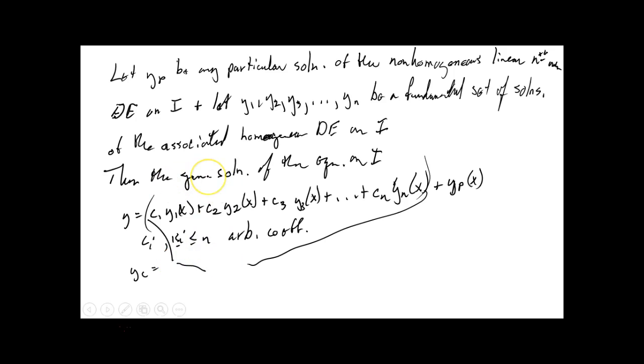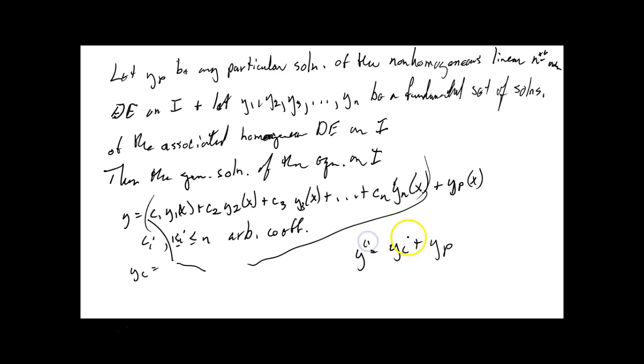All those arbitrary coefficients with their associated linearly independent y functions that make your fundamental set of solutions, that is called the y sub c. And then your general solution, y, is your y sub c plus any of your y sub p's, which are your particular solutions. And they're all functions of x.